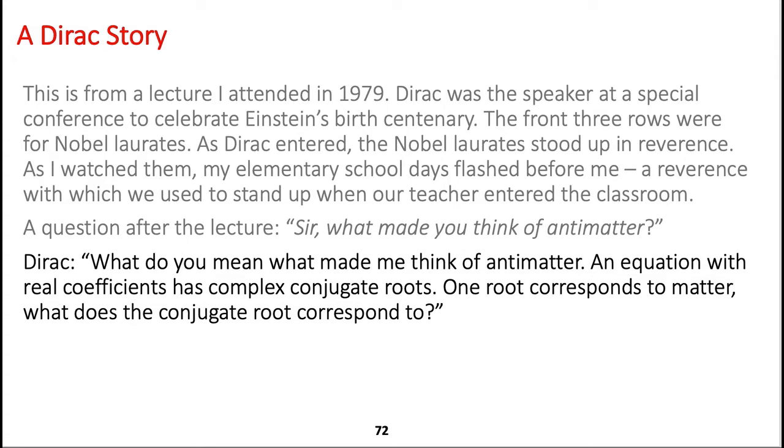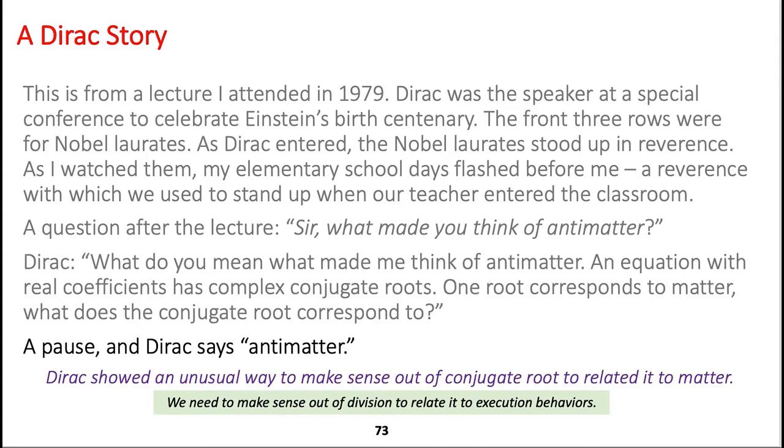What does the conjugate root correspond to? After a pause, Dirac says antimatter. Dirac showed an unusual way to make sense out of the conjugate root to relate it to matter. We need to make sense out of division to relate it to execution behaviors.